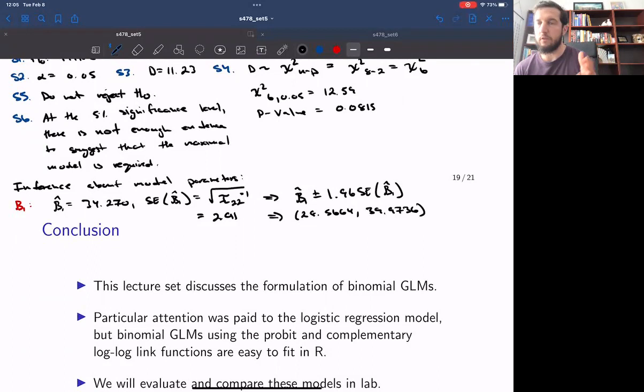that beta 1 is certainly different from 0. So there is most certainly a relationship between the logit of pi i and the dosage, right?